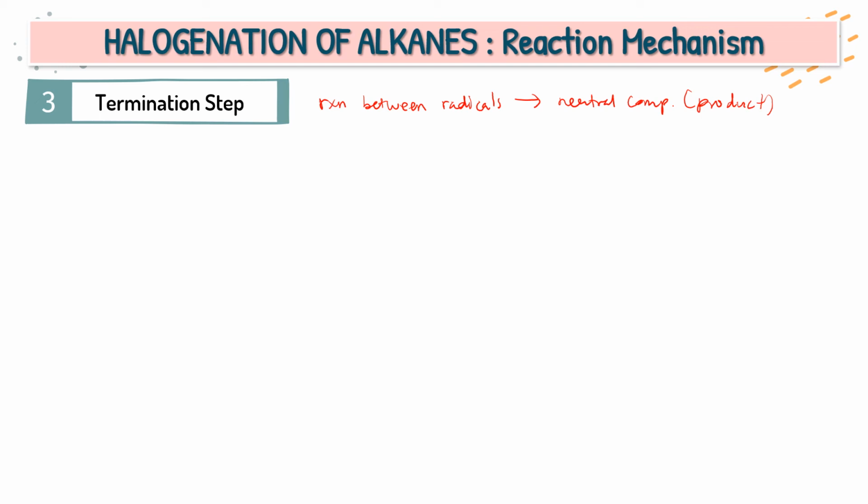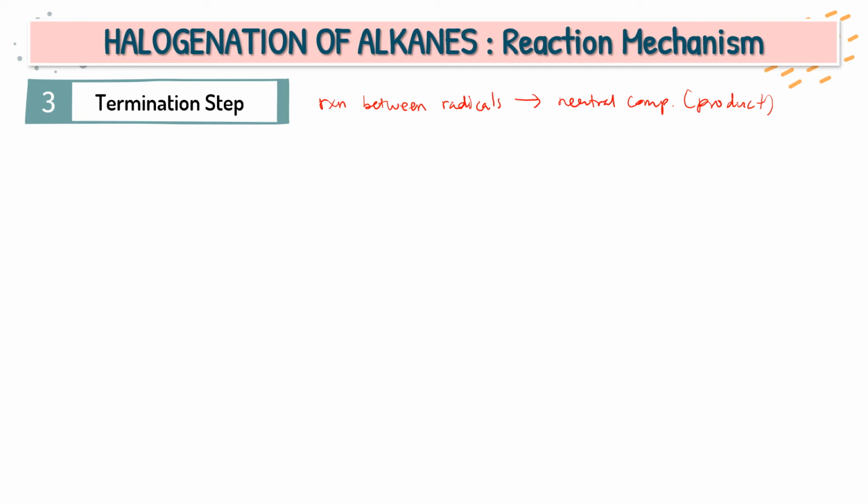Ada ke lagi dia? Yes, ada lagi. Sebab you need to understand, reaction ni semua akan berlaku serentak. Okay, so even though bila dia berlaku serentak, jumlah dia tu macam dia akan react randomly. Okay, so masih ada lagi alkane radical yang belum react dengan chlorine radical.